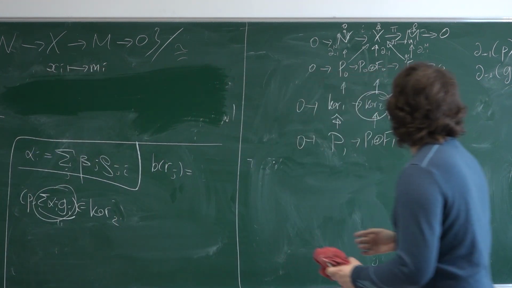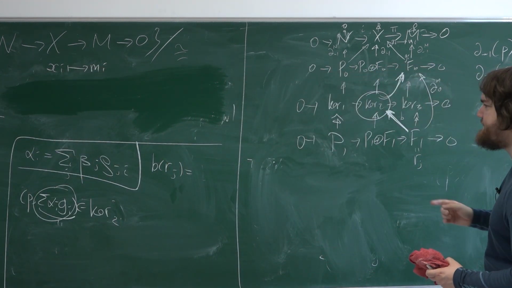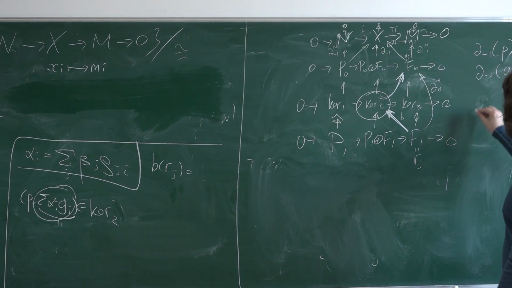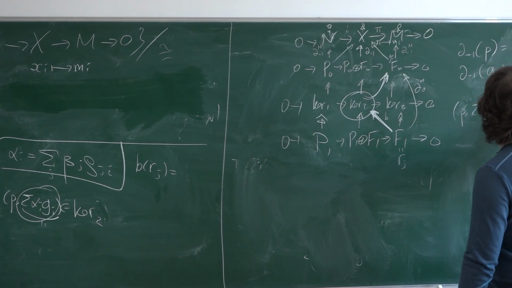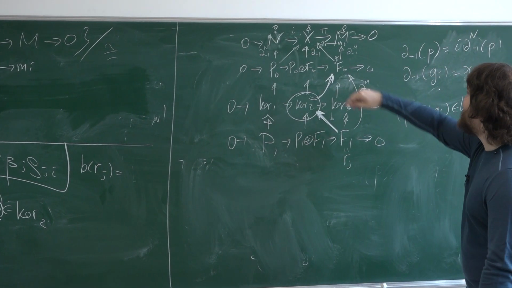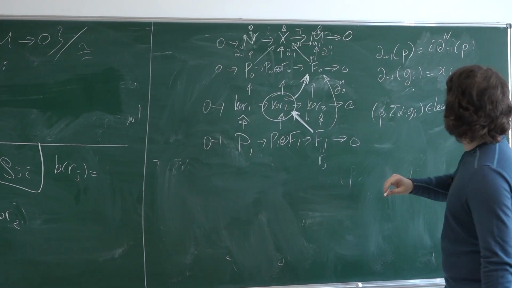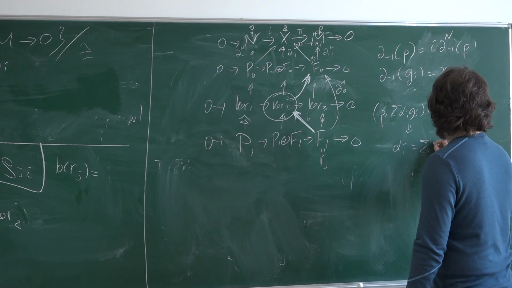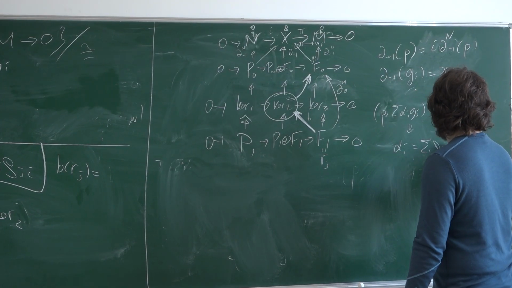Remember this: if the sum alpha gi is in the kernel of d minus 1, kernel 2, then alpha i is in fact of this form, rho gi sum beta g.